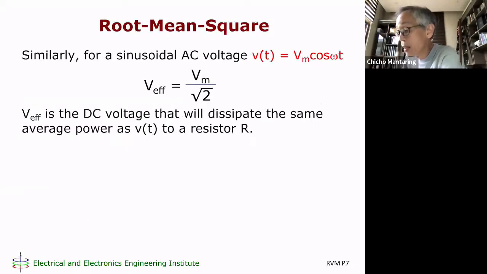So yun, ito pala, nakasulat dito. So V effective is the DC voltage that will dissipate the same average power as V of t to a resistor R. So again, you might think of V effective as the equivalent DC value of an AC voltage with respect to the power it delivers to a resistor R.